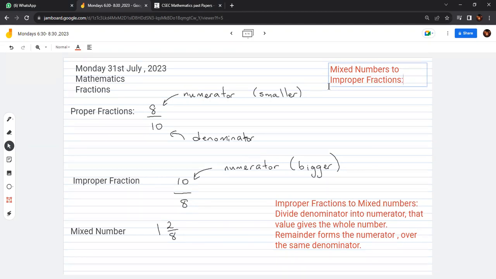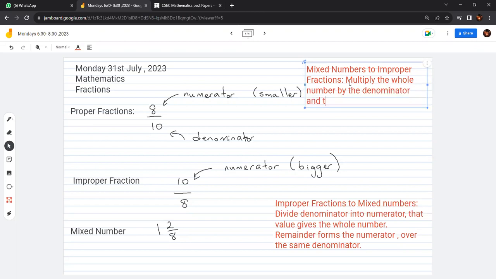So what we have to do is multiply your whole number by the denominator and then add the numerator.